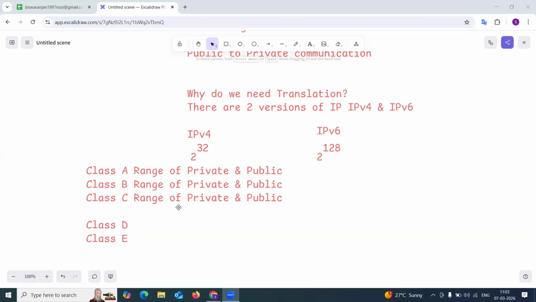Don't forget to mention this. Whatever answer you were giving, you should keep it, but give it at the last. First, make them realize why we need translation. We need translation because there is a shortage of public IPs in IPv4. After that, to fulfill the requirement, we do translation in IPv4.